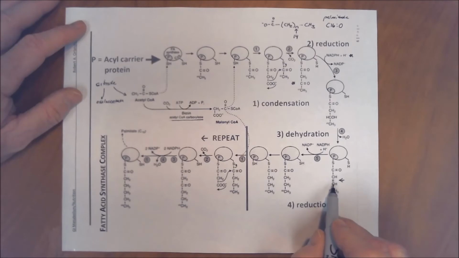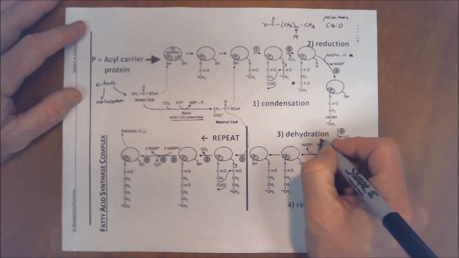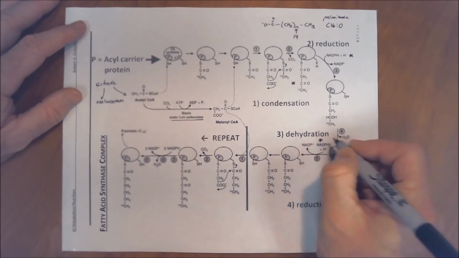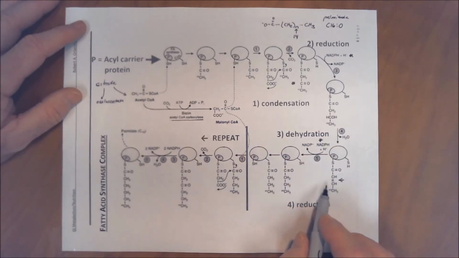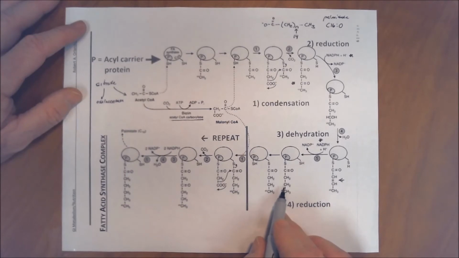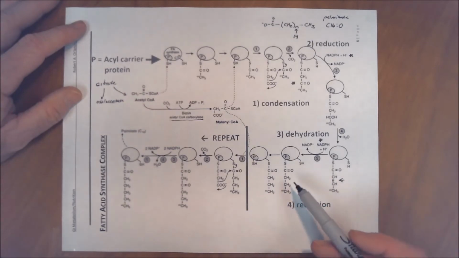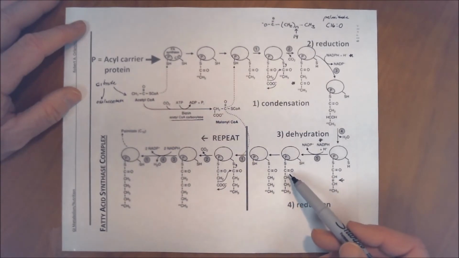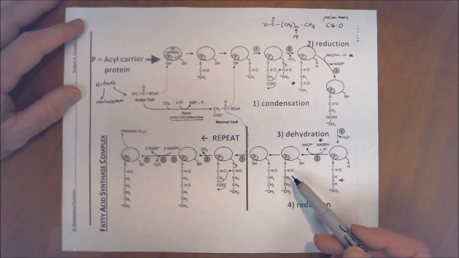Now once we have a double bond, the fatty acid we will be making is fully saturated, so we have to reduce this double bond. And we will be using our second NADPH molecule to reduce this double bond to form our hydrocarbon chain.